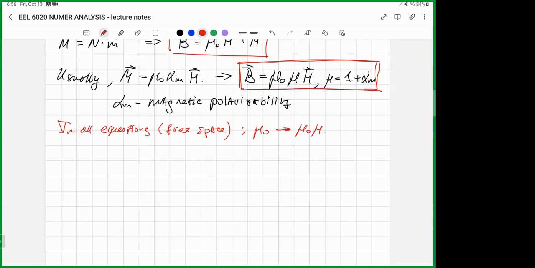However, there is one important note. Magnetization through rotation of these magnetic dipoles is usually a slow process.